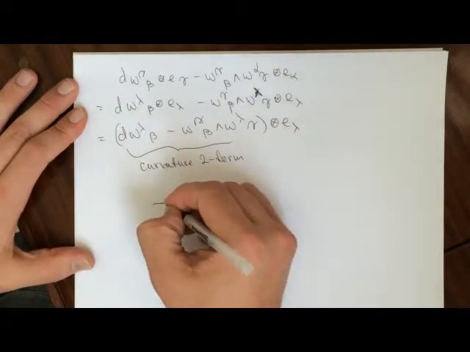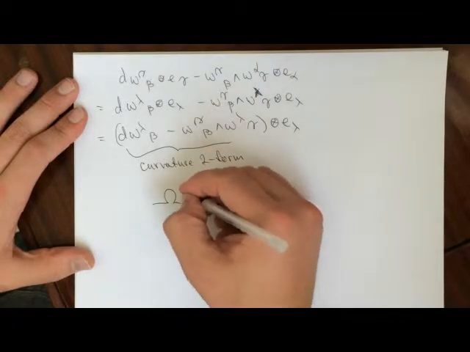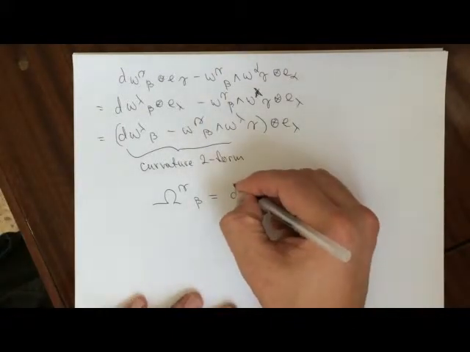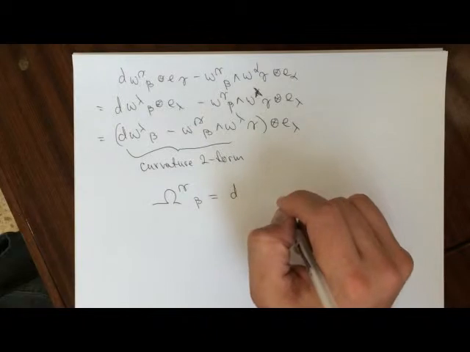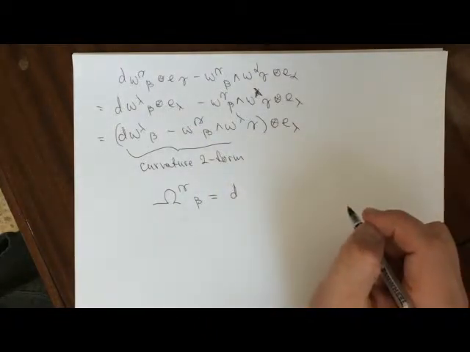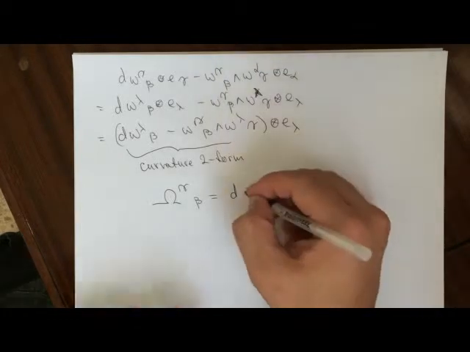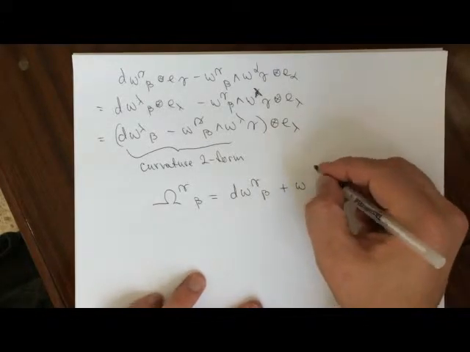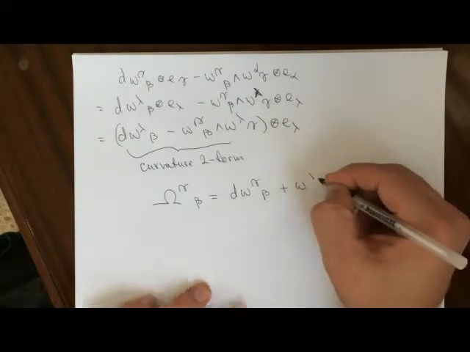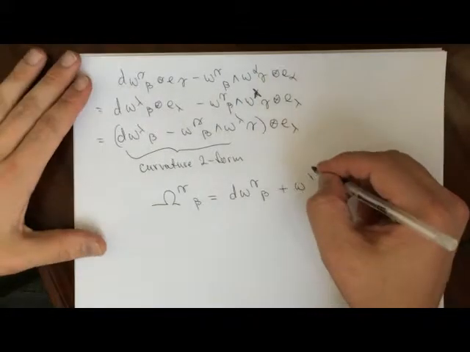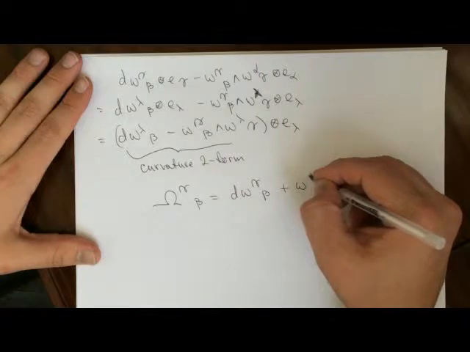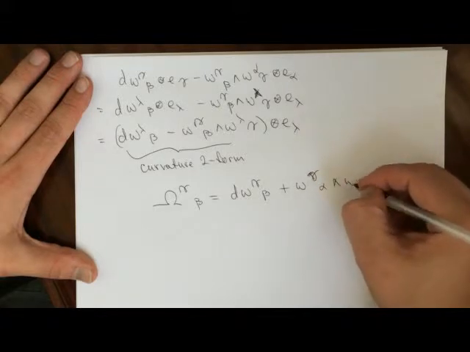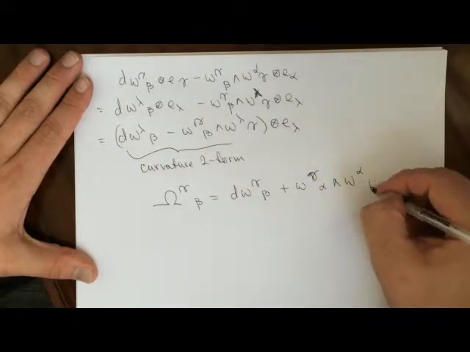And we find that omega gamma beta is equal to d omega gamma beta, and now I'm going to flip them, plus omega gamma alpha wedge omega alpha beta, like so.